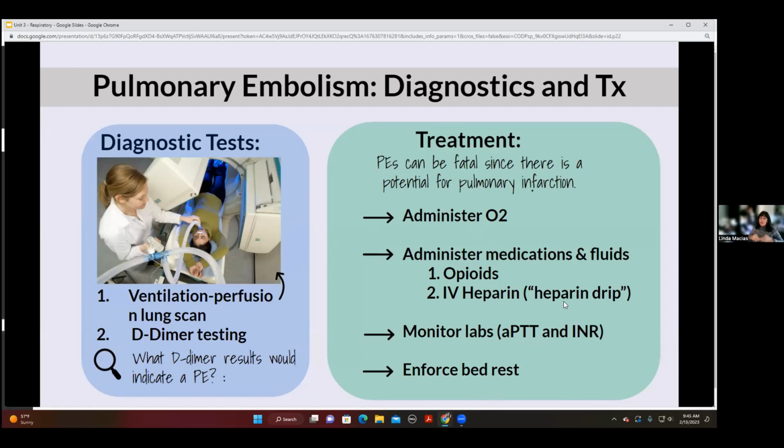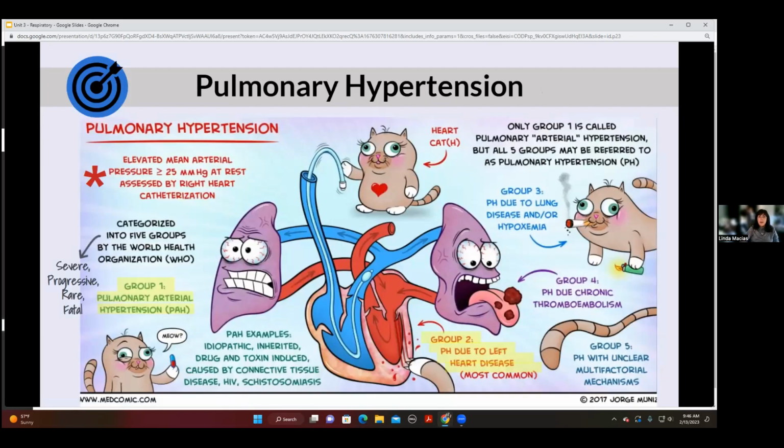They are on bed rest for sure. They don't want that clot to move. They want to dissolve the clot. But what can happen too is if they get over heparinized, they can also have bleeds. So a pulmonary embolism is a really delicate condition, but the treatment is also fast and furious and a lot of times with good outcomes.